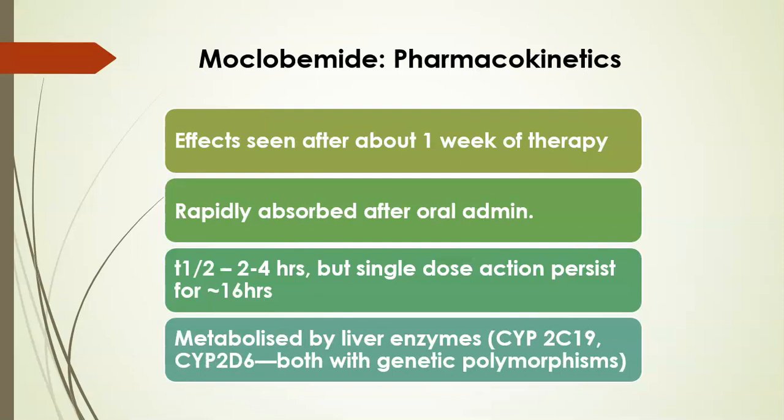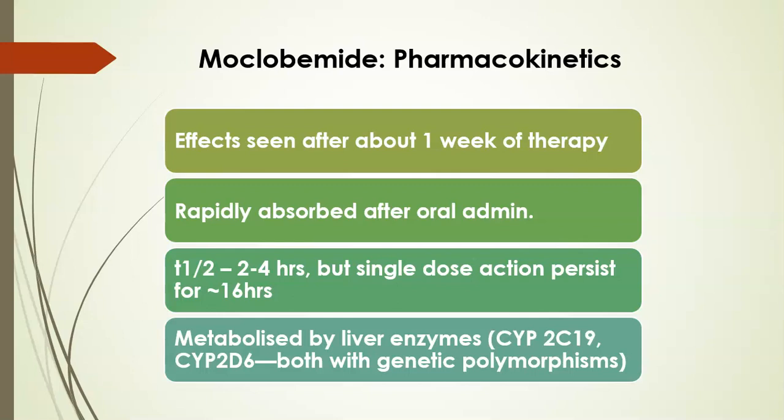An example of this drug would include moclobemide, and the effect is seen after about 1 week of therapy. It's given orally and well absorbed. The half-life seems to be 2 to 4 hours, but a single dose's action persists for about 16 hours.